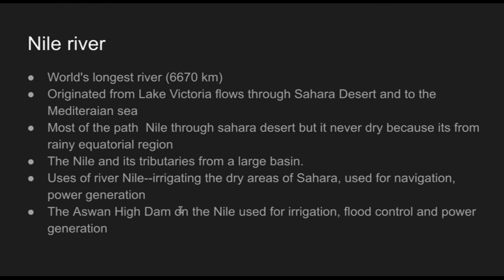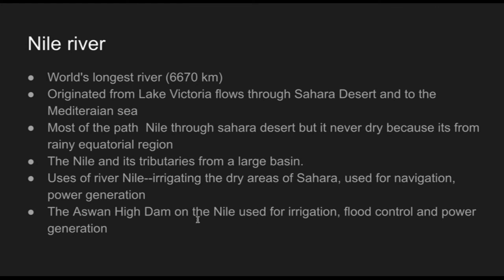What are the uses of this dam in the Nile River? It is used for irrigation, flood control and power generation. These are the importance of the Nile River, and also where it originates and flows through.